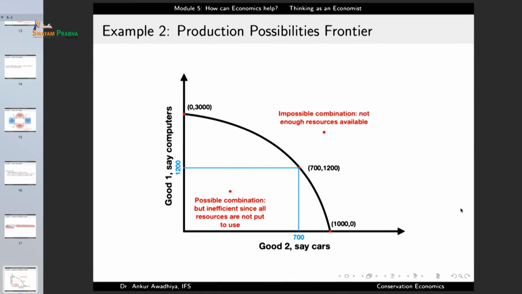Then the second simplification is that any factor of production can be used in making either of these goods. So for instance, if there is a worker, we can use that worker to produce computers or we can use that worker to produce cars. Now, this again is a big simplification because in a number of cases, the workers who are trained to make computers might not be that trained in making cars. But this is a simplification that we are using.